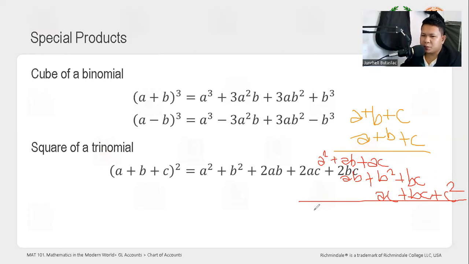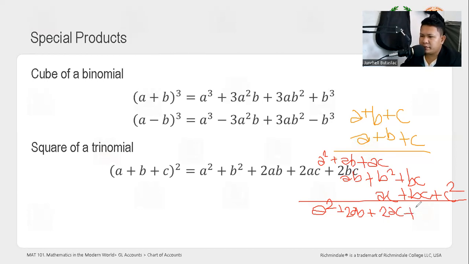So a squared, let's bring down. Then ab plus ab, that's 2ab. Now ac plus ac, that's 2ac. Then bring down the b squared because there's no similar term.